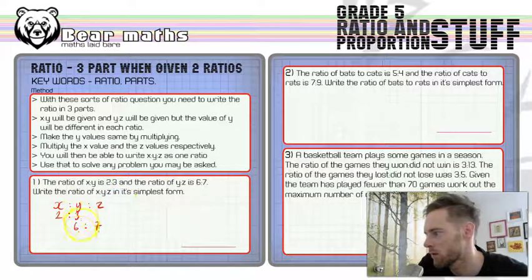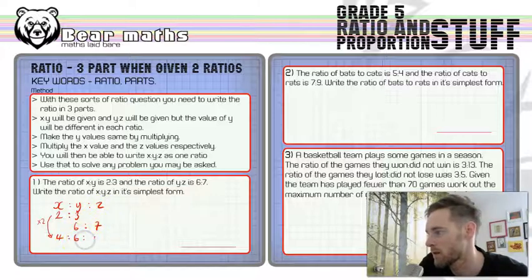What we can do, to make this Y value the same as this Y value, is just multiply this Y value by 2. So if we multiplied that by 2, we get 6. Which means we have to multiply this X value by 2, and that gives us 4. So I'm just going to go down there like that and say that we've multiplied by 2. And we don't have to do anything to that 7 because that's already a 6 there.